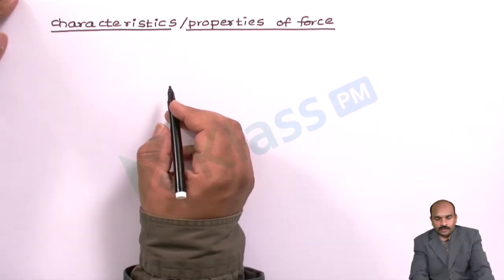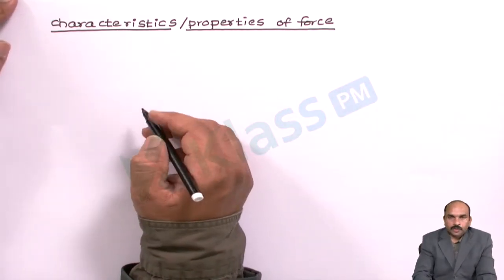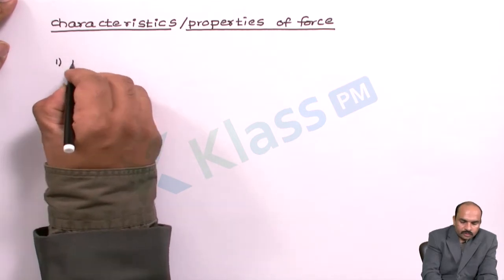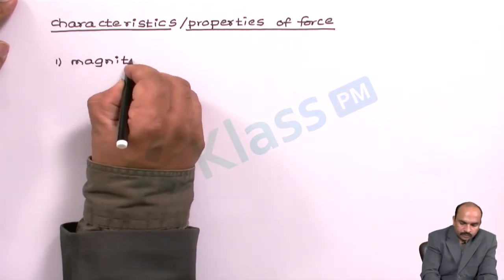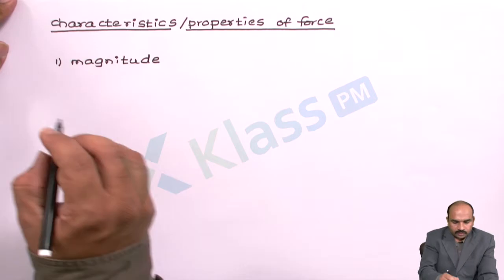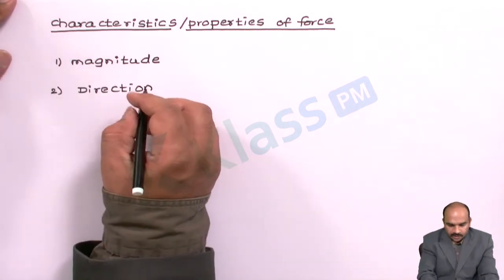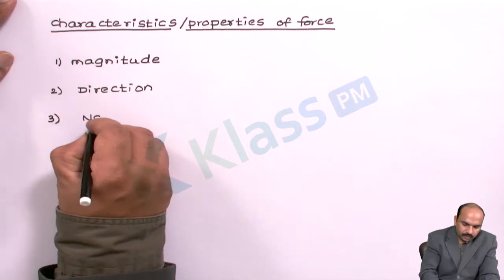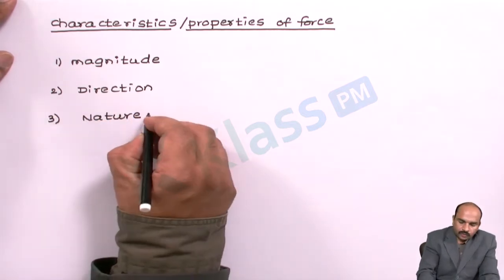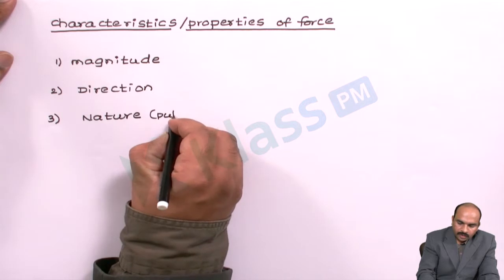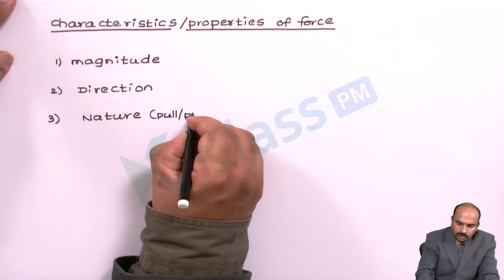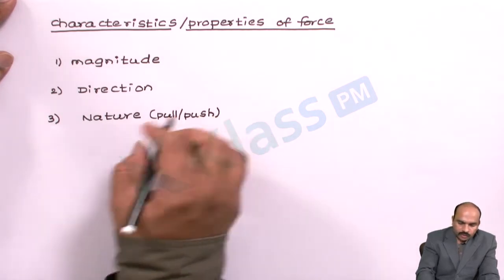See, force is having the following properties. Number one, it has a magnitude. Number two, it has a direction. Number three, the nature of the force, so either it will be a pulling force or it will be a pushing force.